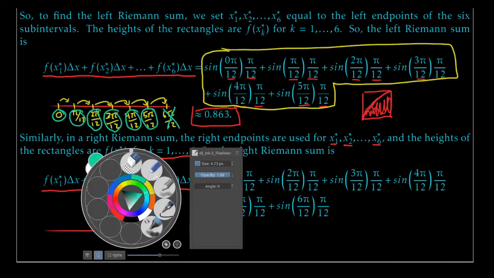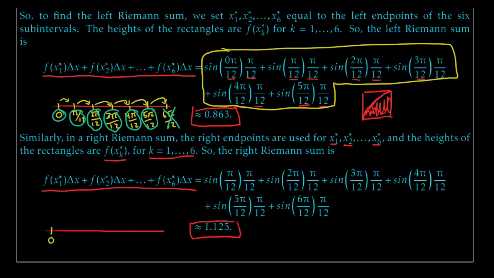Down in the right-hand Riemann sum, we're pretty much just doing exactly the same thing. And I'm not going to rewrite all these just to save us some time. What we're doing is we're starting at pi over 12, and we're going over yet again. So I guess I will write everything down again, just for clarity, because it doesn't take too long.